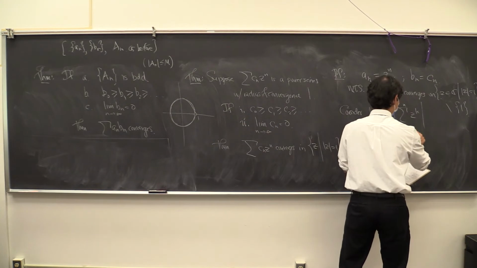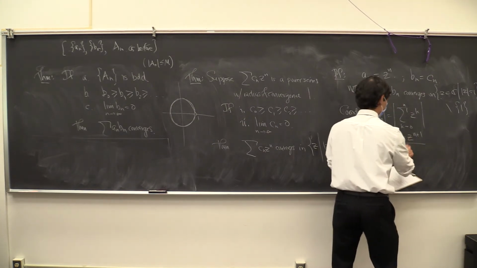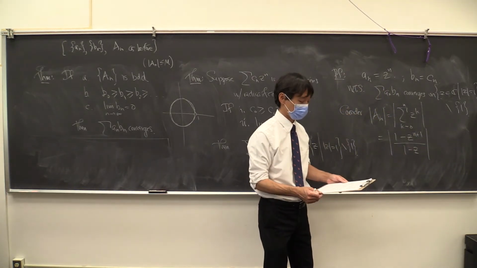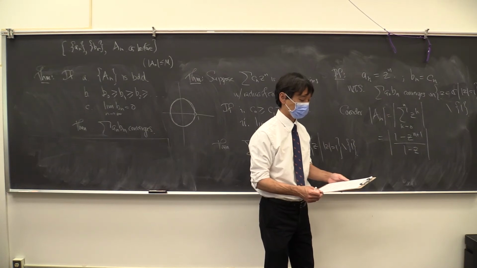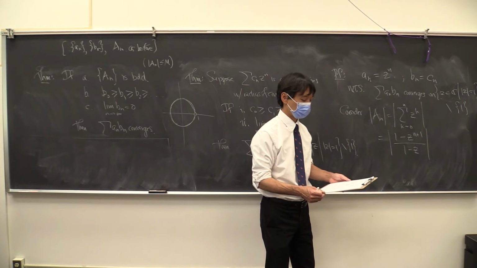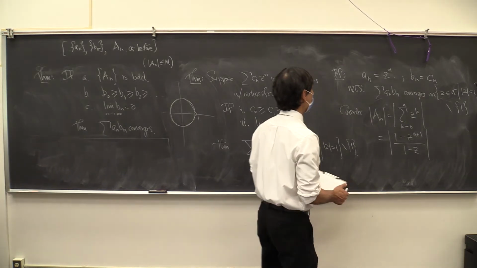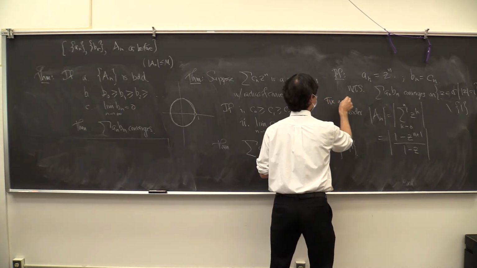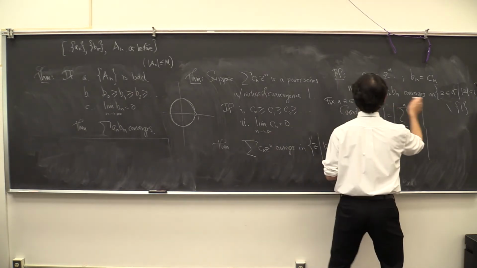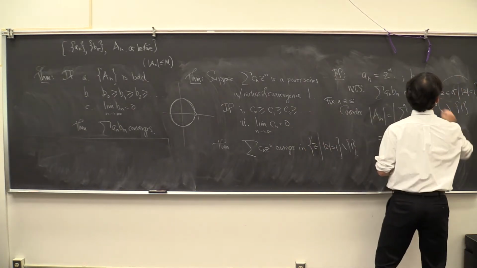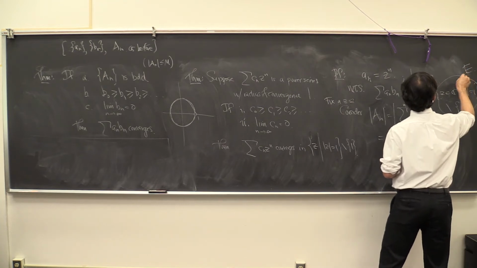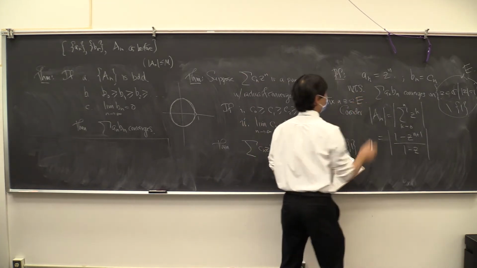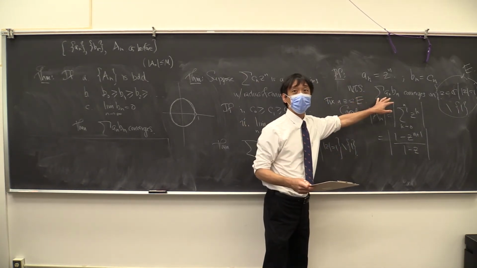This is 1 minus z to the n plus 1 over 1 minus z. So fix a z in that set. Let's call this set E, the boundary excluding the point 1. We want to show that this thing converges at that point.